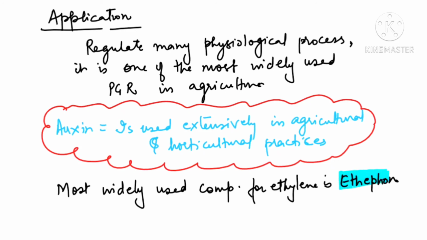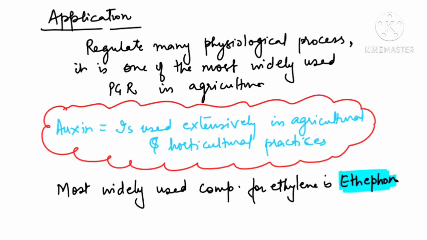Is it clear? So this is the most widely used compound for ethylene. And ethephon in an aqueous solution will be absorbed and transported within the plants and it will release ethylene slowly. So this is the application we are using it for.